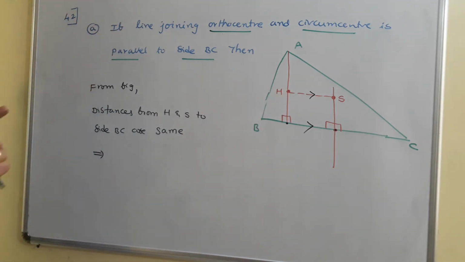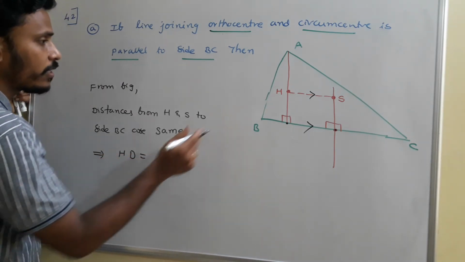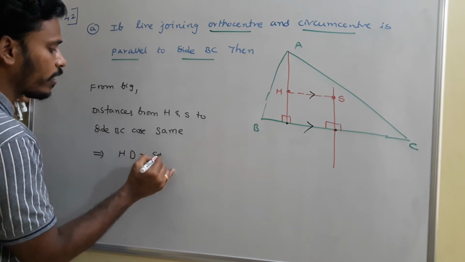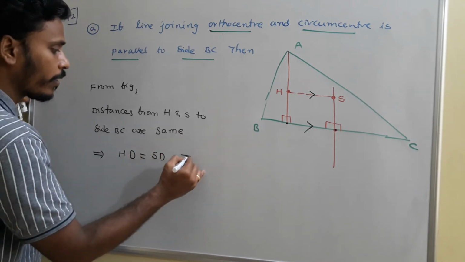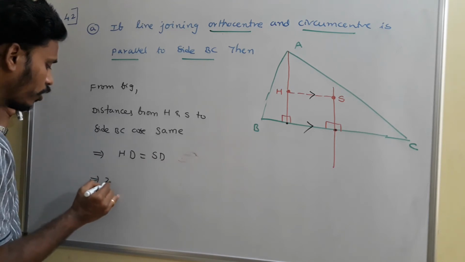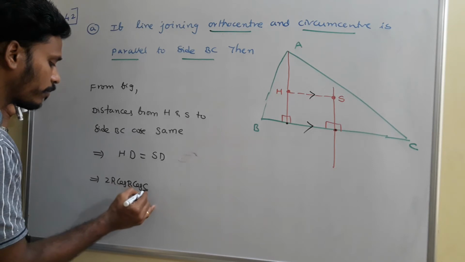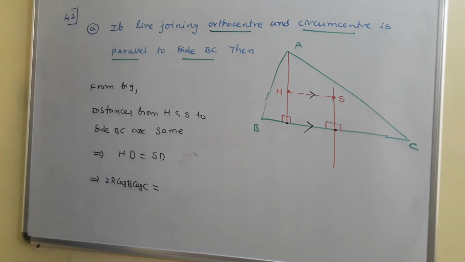Just revise your task. The distance from the orthocenter to the side BC, take it as HD, and the distance from the circumcenter to the side, take it as SD. HD is nothing but 2R cos B cos C, and that equals SD.